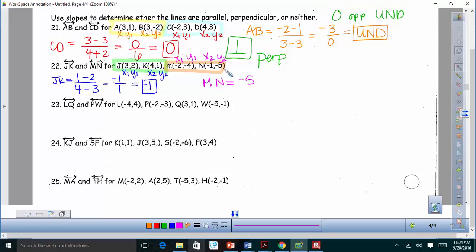So negative 5 minus a negative 4 is actually negative 5 plus 4 over negative 1 minus a negative 2, which is negative 1 plus 2. What is a negative 5 plus 4? Negative 1. And negative 1 plus 2 is 1. So I get negative 1. So are these parallel, perpendicular, or neither? They're parallel.